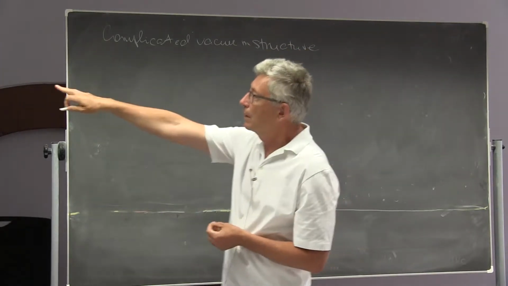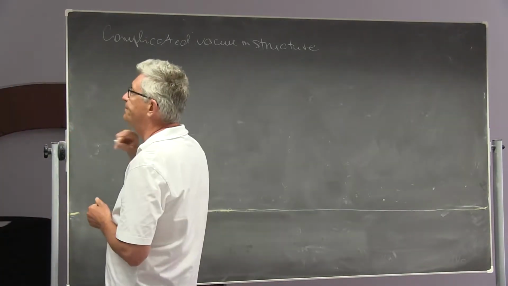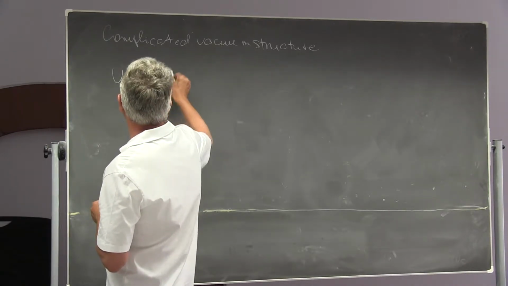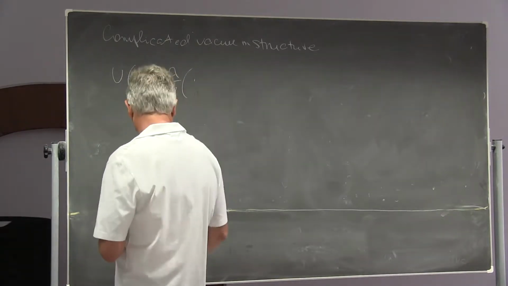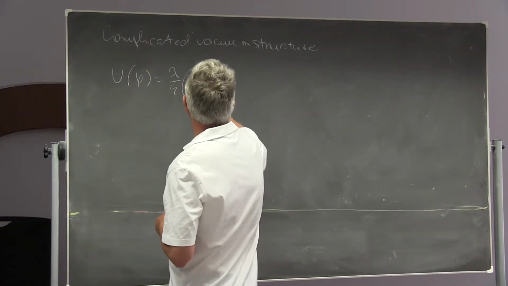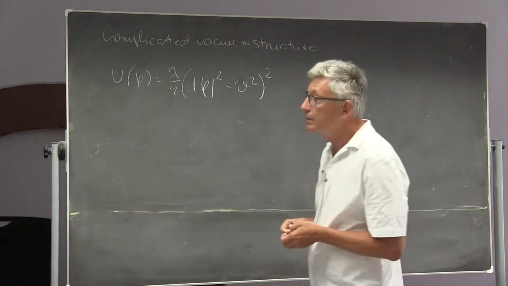Okay, so we imagine that the potential for the scalar field has the form lambda over 4 times modulus of phi squared minus v squared, all squared.